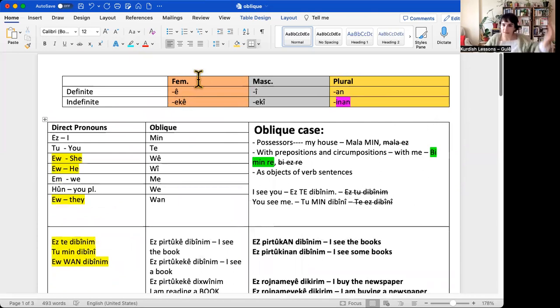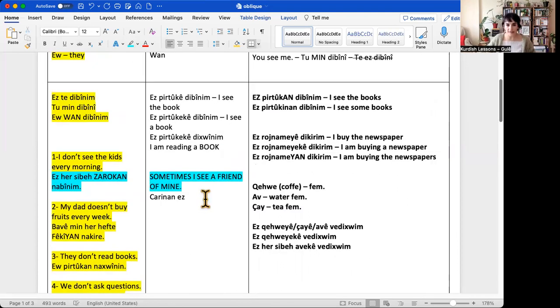So let's say it is a female friend, and indefinite we will need a K. Okay, so Jarnan as havaleke. Sometimes I see a friend, or if you want to use إضافة, it will be جارنا as حوالي أخوة دبينا or جارنا as حوالي كي دبينا.